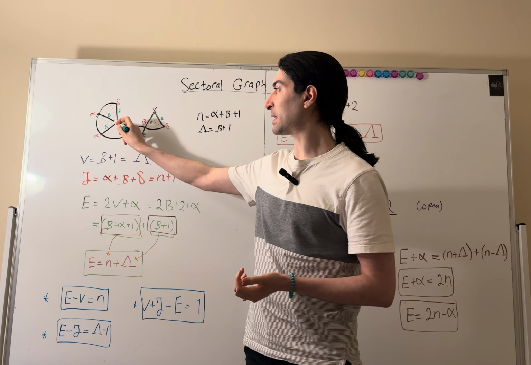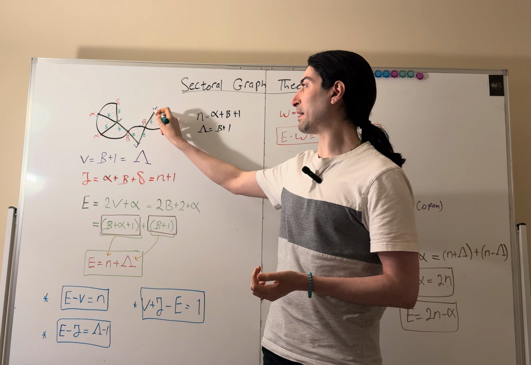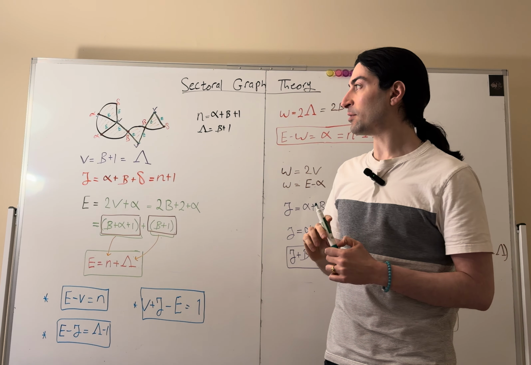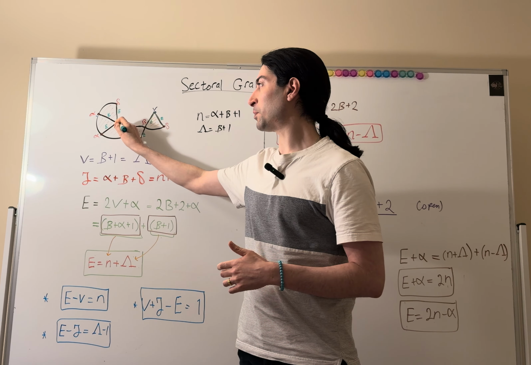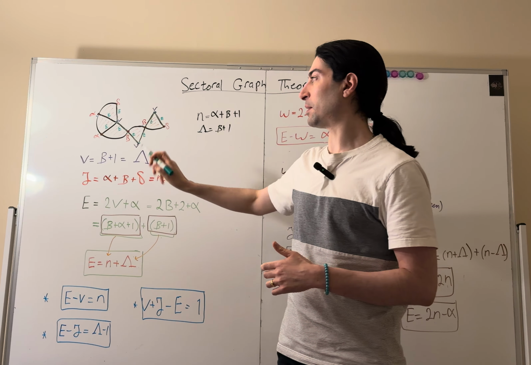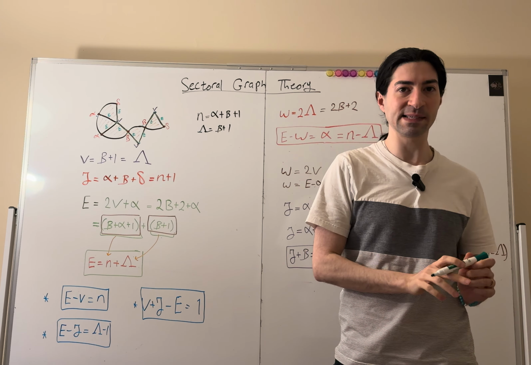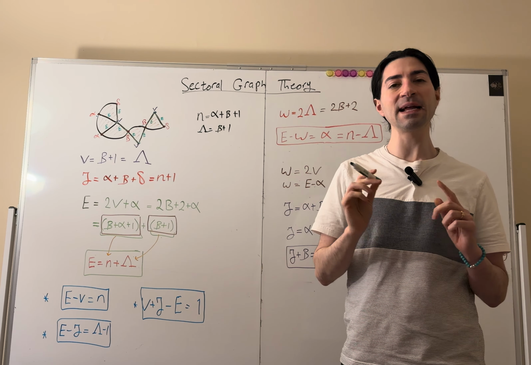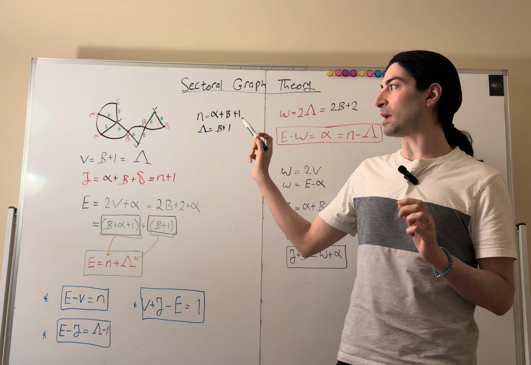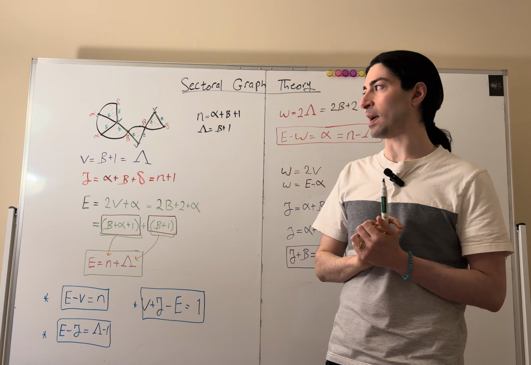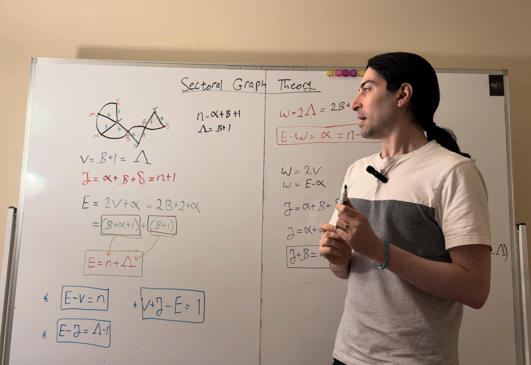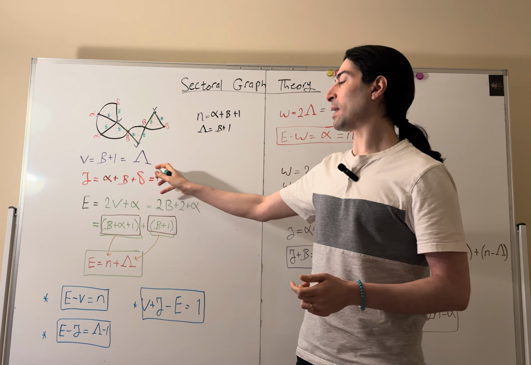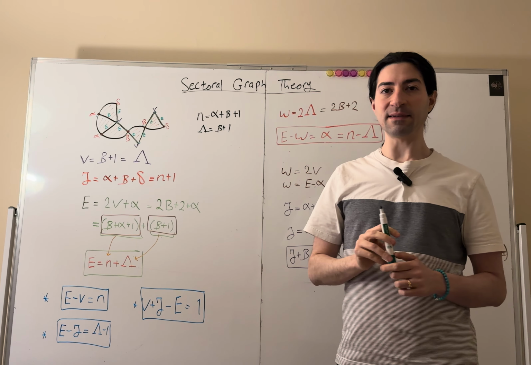So each vertex is really one part or equal to one part. The difference is that V is simply one point, while the part is composed of all the sectors of that structure. And again, this helps us visualize these as caterpillar graphs. So V is the same as or equal to lambda, which is equal to beta plus 1.